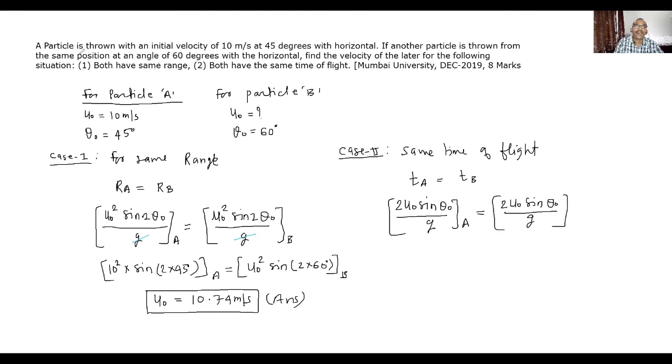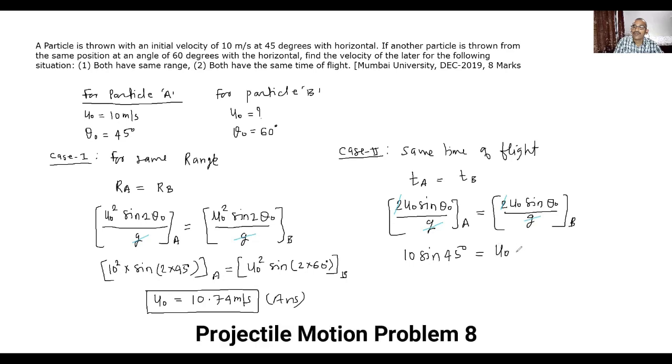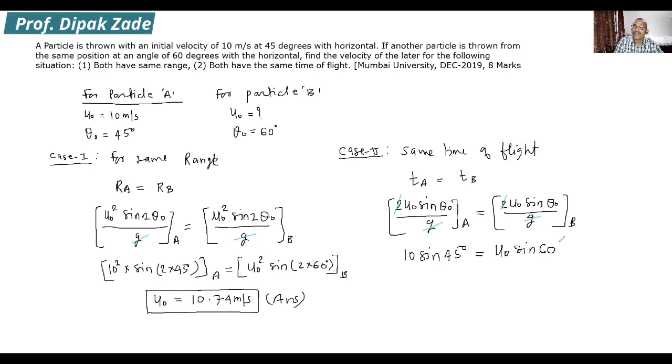Again you can cancel the common terms so that the calculation becomes easy. The g value is the same, 9.81, will cancel. The 2 is also the same on both sides. If you substitute your values, u0 for particle A is 10, sine of 45, equal to, for B, u0 is unknown, and sine of 60 degrees.